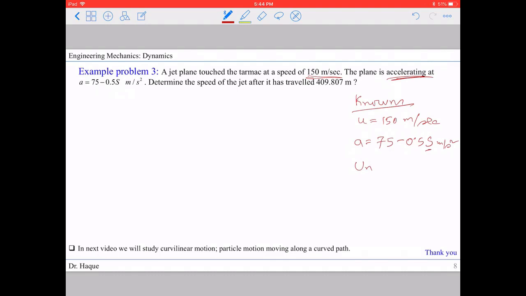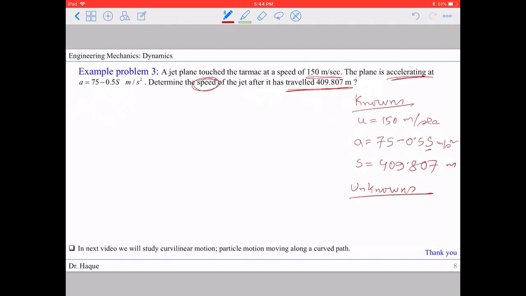It says, okay, what are the unknowns? Before the unknowns we have another known, that is the distance traveled: 409.807 meters. So the distance traveled s is 409.807 meters. The unknown is to determine the speed.